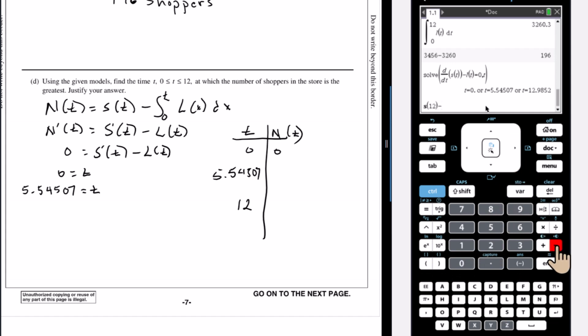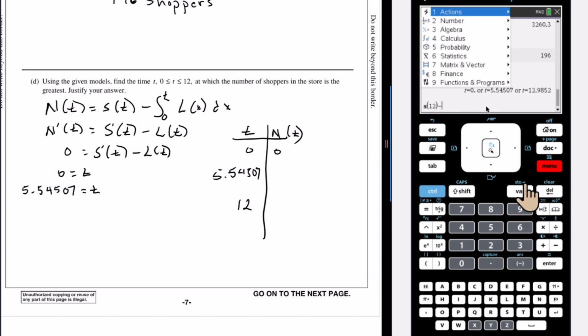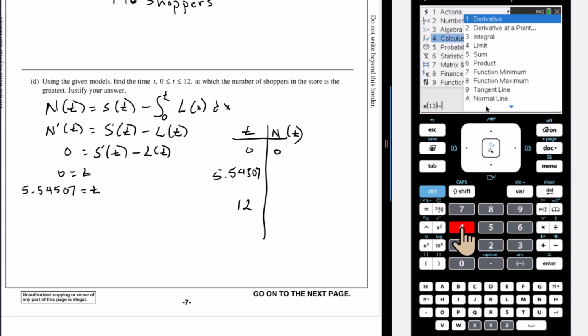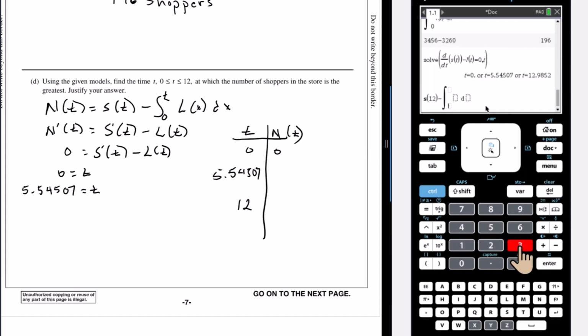Jump over, minus, menu, calculus, integral from 0 to 12 of L of t dt.